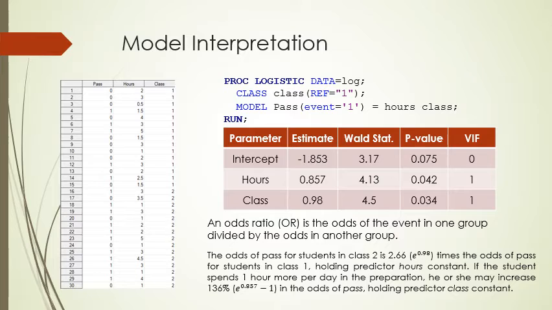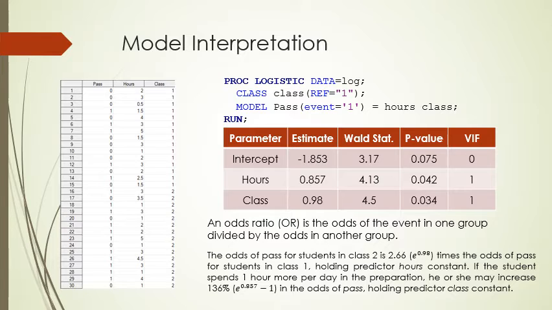Since the outcome is logit in the logistic regression, we may interpret the coefficient as the rate of the change in the log odds as x changes. For example, students in class 2 may on average increase 0.98 in the log odds than students in class 1.